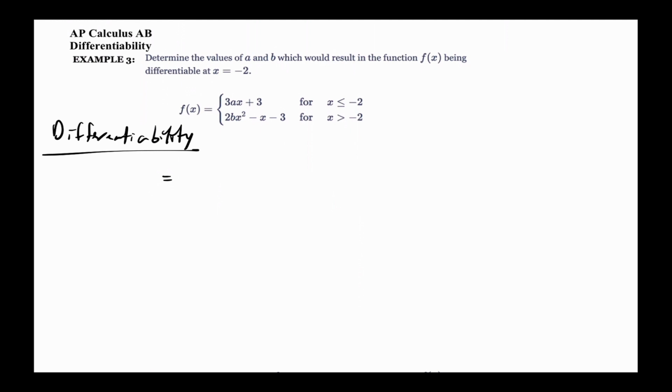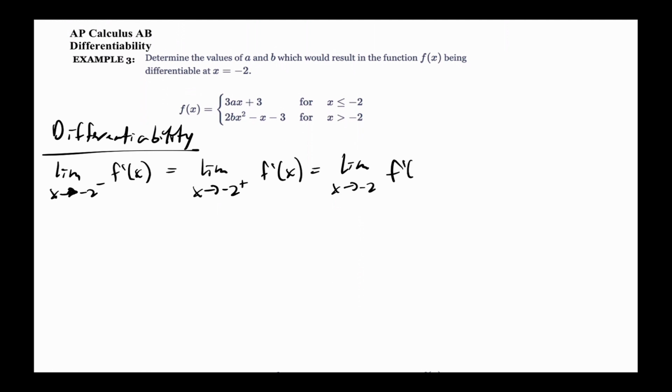They have to all be equal. The limit as x approaches negative 2 from the left for f prime has to be equal to the limit as x approaches negative 2 from the right, which equals f prime of negative 2.